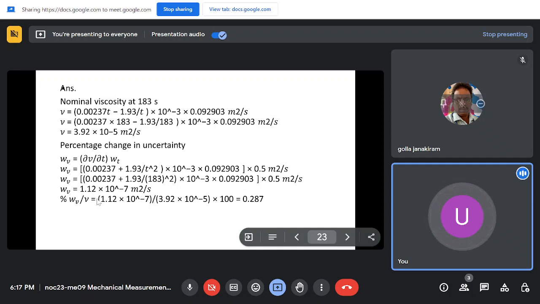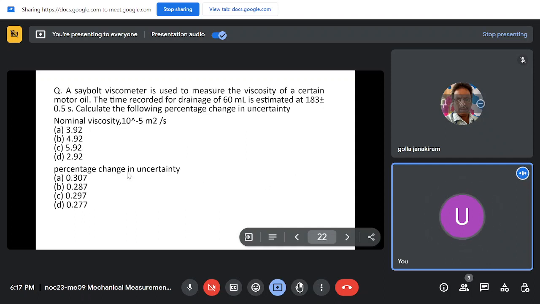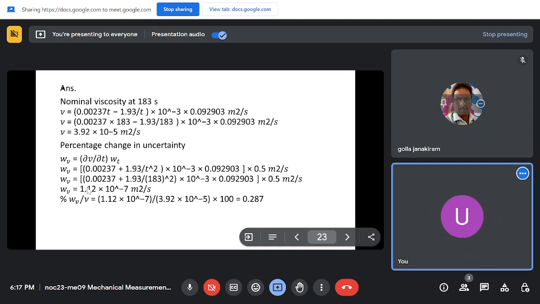This is just the uncertainty, but the question asks for percentage change. So we divide by the viscosity we calculated previously, 3.92 into 10 power minus 5, and multiplying by 100, we get 0.287. So 0.287% change in uncertainty. So the answer is option B.